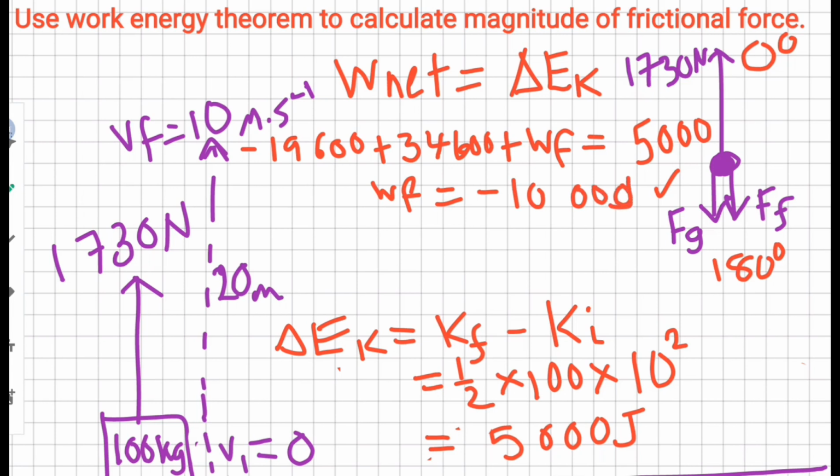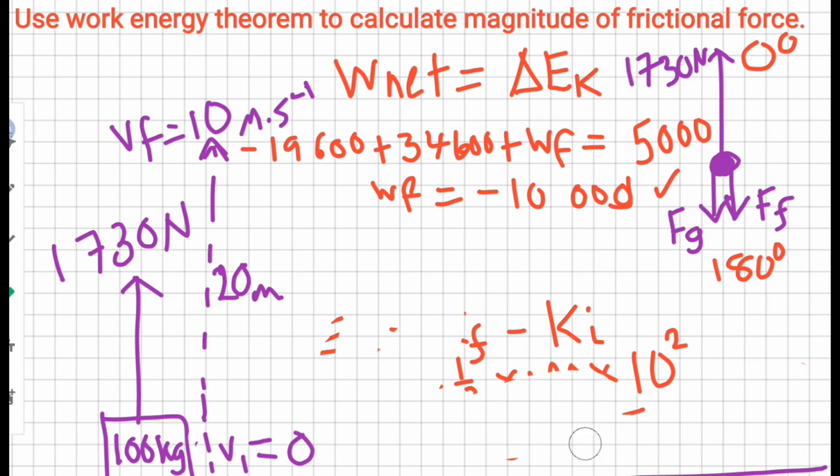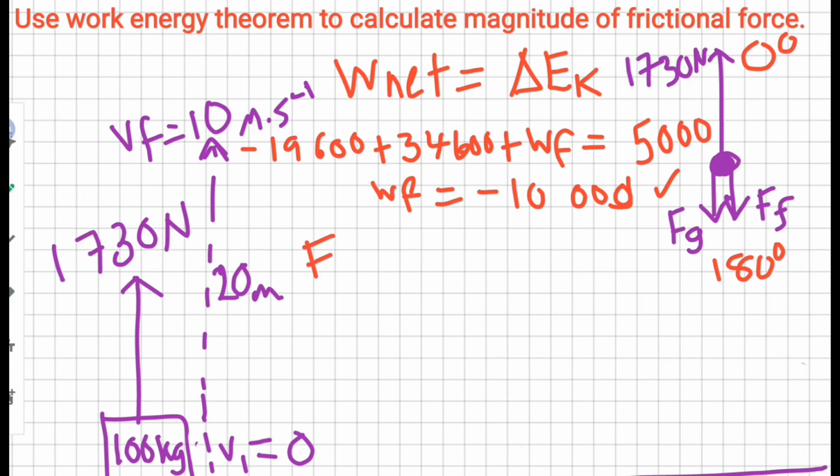Okay, now to get what the frictional force is, we're going to divide by 20, because we know that work done is basically force times distance. So work done by friction is now F times 20 times cos 180 is equal to negative 10,000.